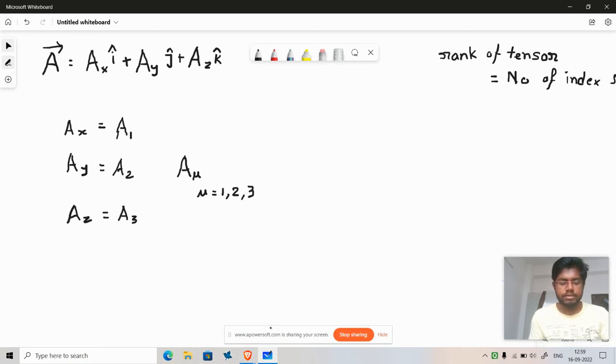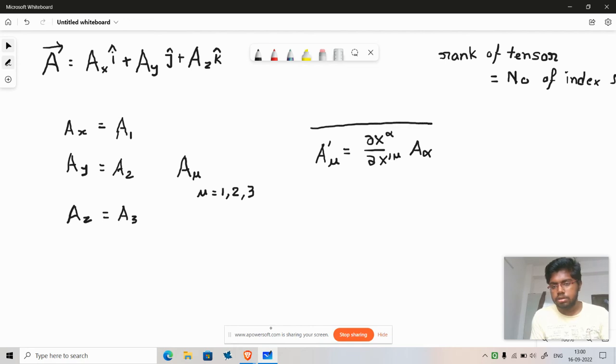So this is actually a tensor, and if you want to know the definition of tensors, it is a physical quantity which obeys a transformation rule, which is: a mu in a new coordinate is basically a mu alpha times a alpha.